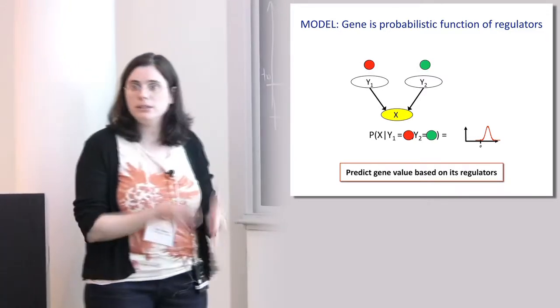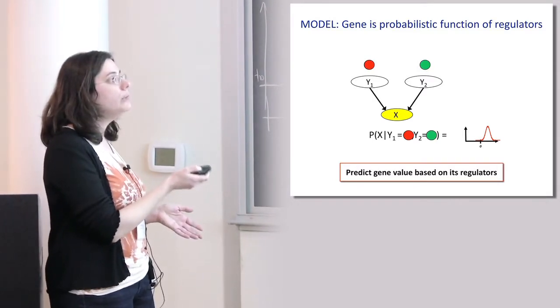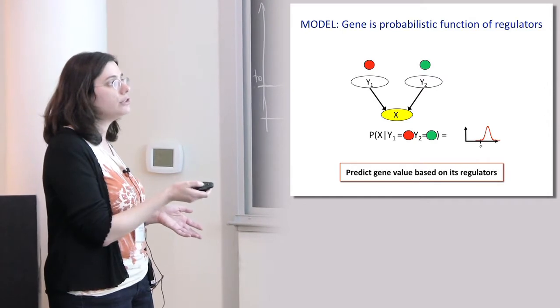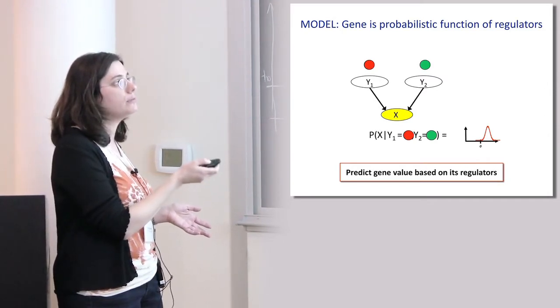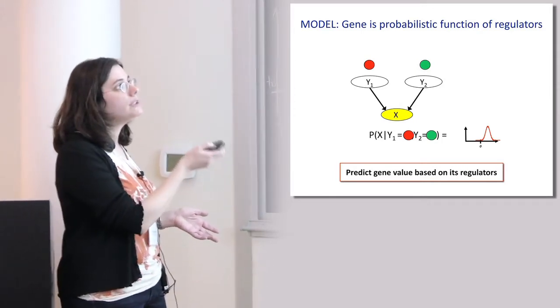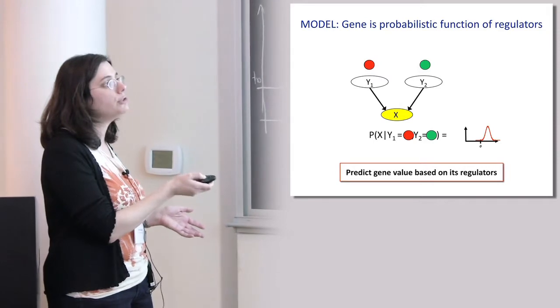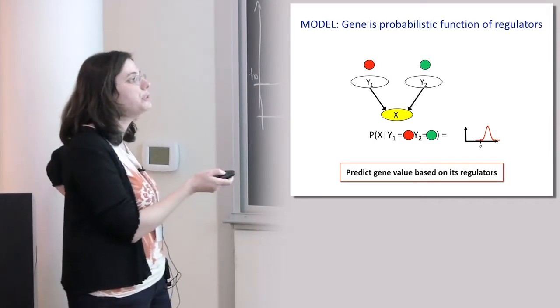And we formulated it within the concept of conditional probability. So we said, what would be the probability function, density function, for the expression level of a gene that we represent by this random variable x, conditional on the level of expression of its regulators, which for now we're discretizing. They're not going to stay discrete for long, just for the cartoon in this slide.